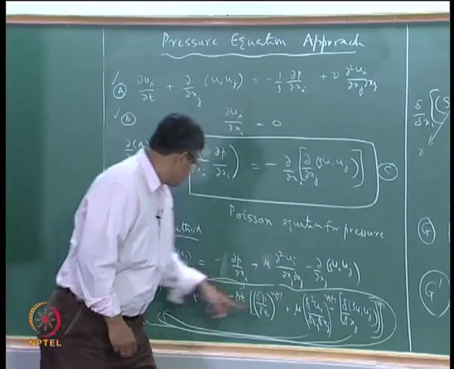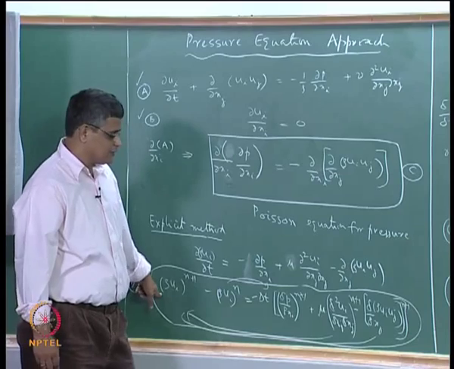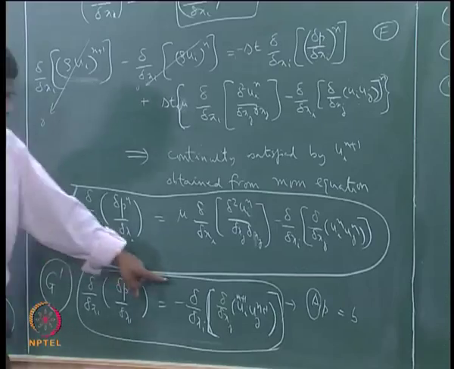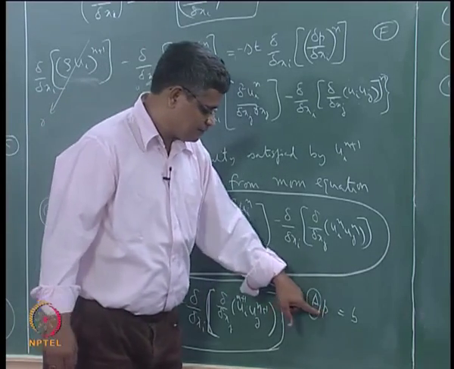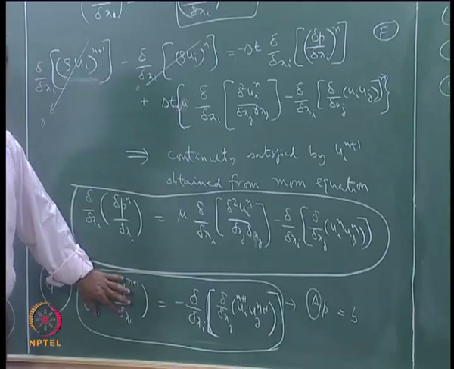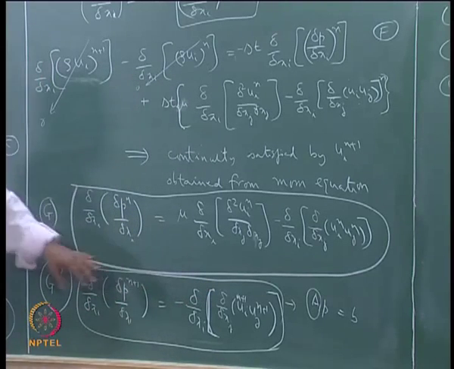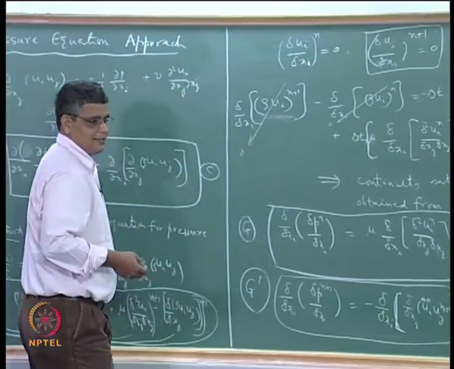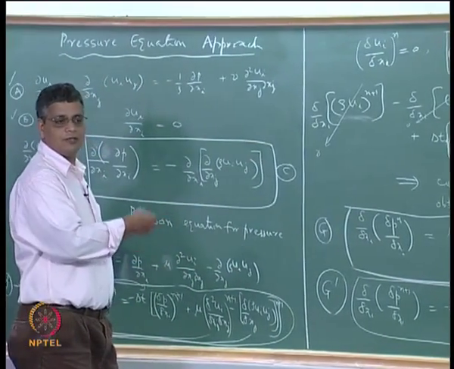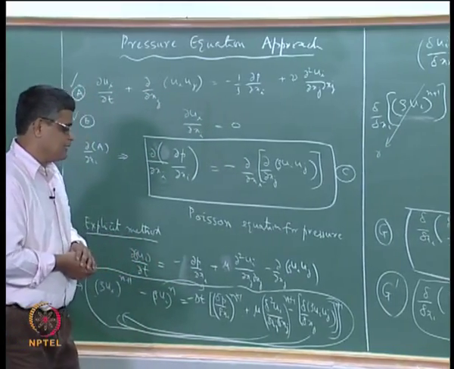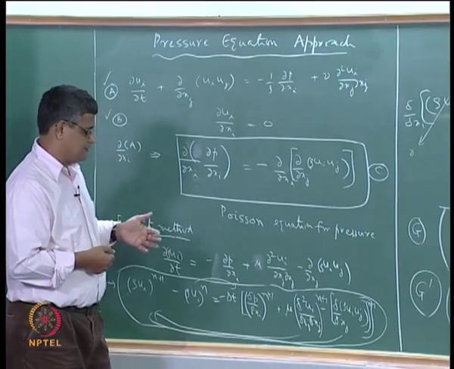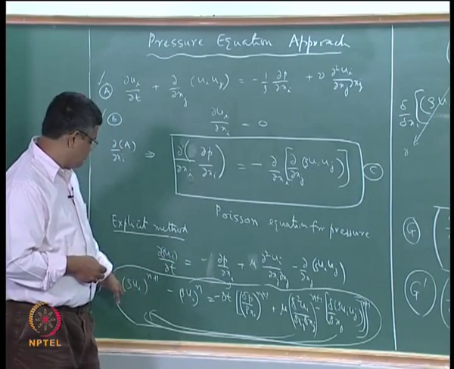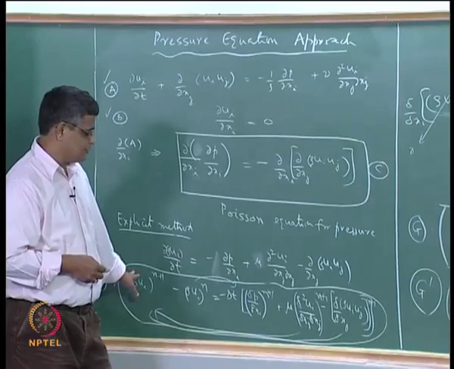So because of this, the matrix corresponding to this will be changing from iteration to iteration, but the matrix corresponding to this will not change from iteration to iteration because the left hand side is fixed, it is only the right hand side that is being changed. So the solution of this can probably be done more efficiently for repeated calculations, whereas here we may have to recalculate the corresponding coefficient matrix in solving this.